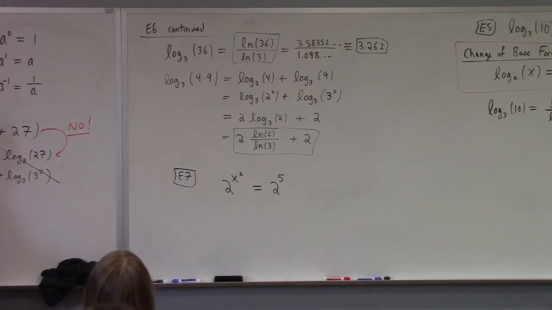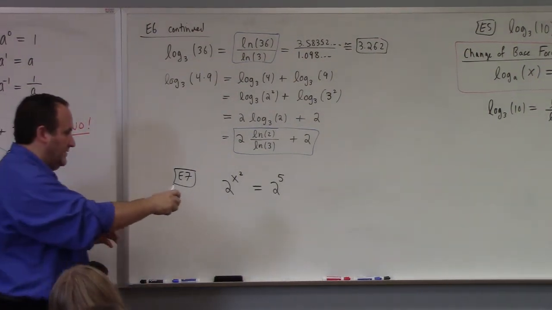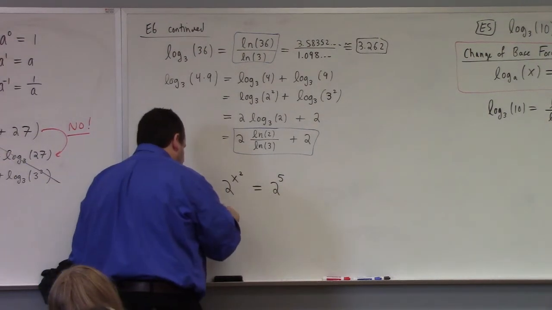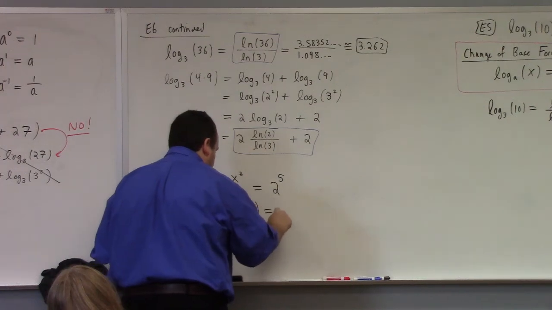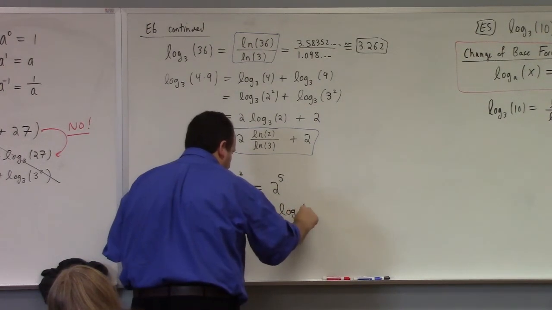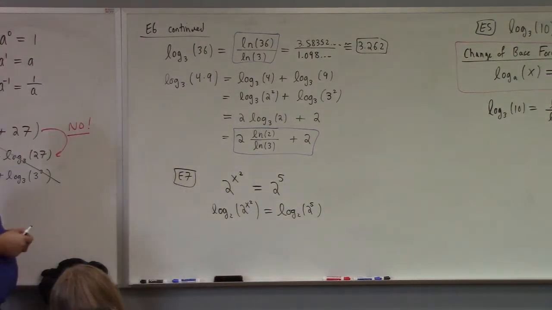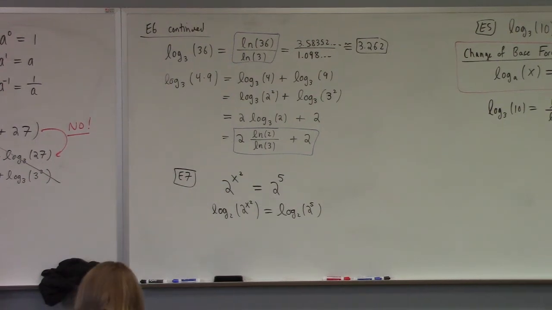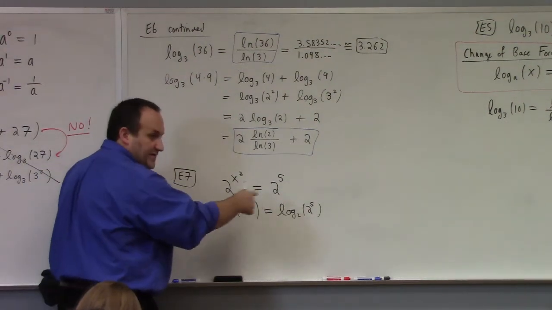But let me show you another way. What we can do is take log base 2 of the equation. If I take log base 2 of 2 to the x squared, I get log base 2 of 2 to the power 5. Now, these are inverses of one another, right?